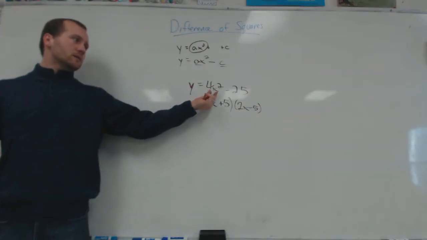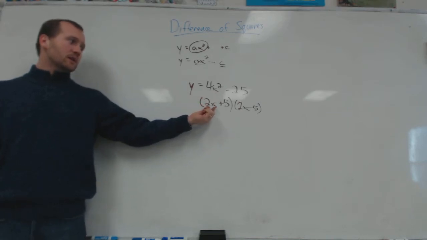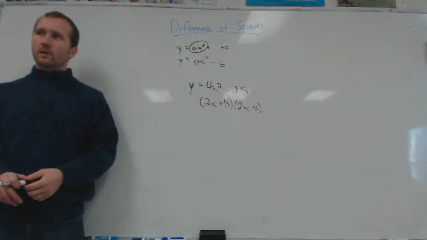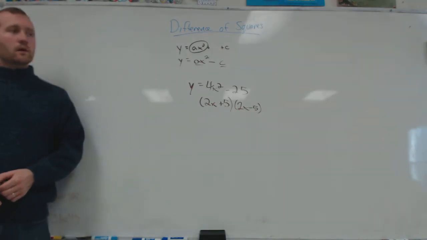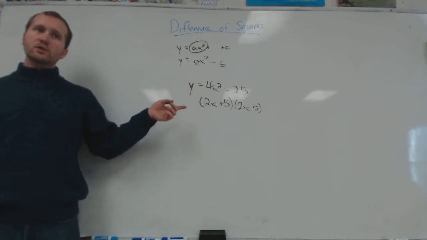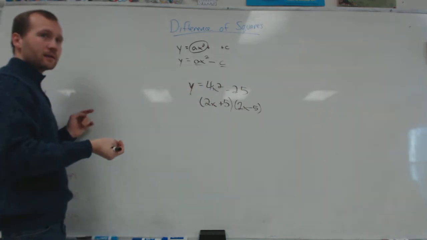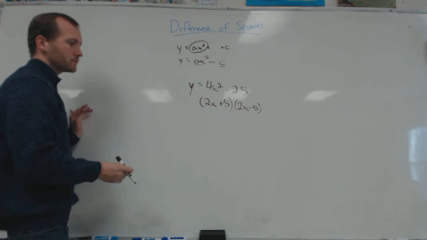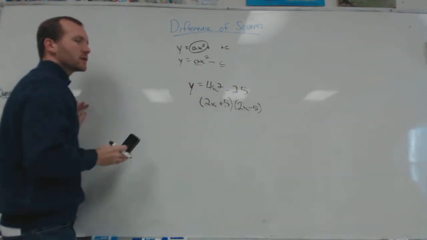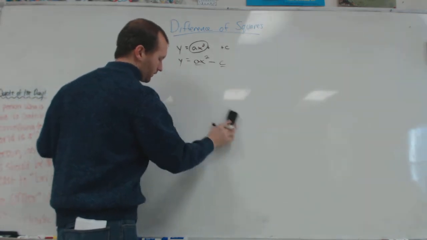So because 4x squared is still a perfect square, this works out pretty nicely. We just have 2x plus 5 and 2x minus 5. But you prefer it the other way? This one, there's no other way to do it, right? But you should always look to see if you can pull something out. And if you can, pull it out. So if there's a greatest common factor, that's always your first step in any factoring problem.